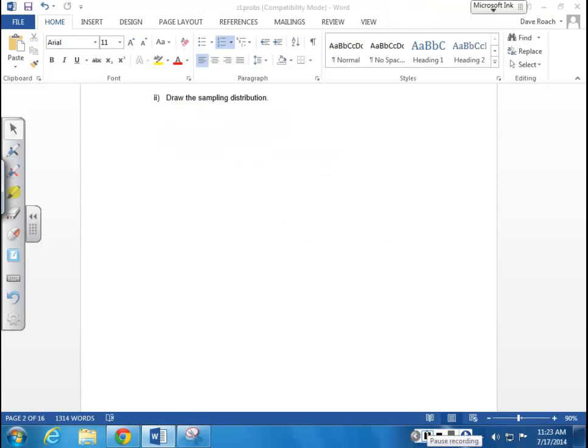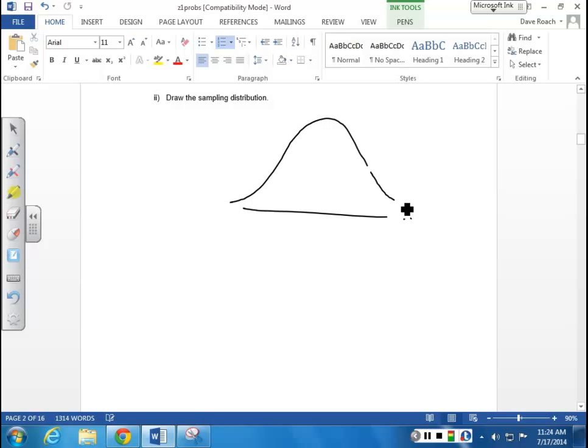Here, we've actually already done this part, draw the sampling distribution. And I should say the sampling distribution, assuming the null hypothesis is true. In a sense, what we're doing is setting a null hypothesis up. One way to think of it is you're setting that up as a straw man, and your research is, it's not always exactly this, but you can think of it this way, trying to show that that's incorrect.